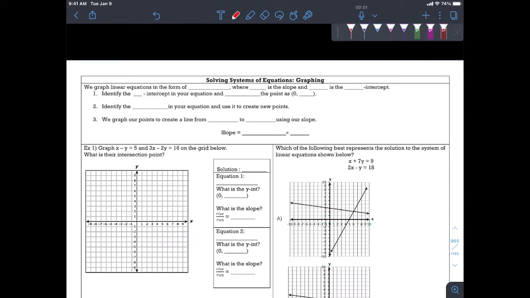So when we graph linear equations in the form of y equals mx plus b, where m is the slope and b is my y-intercept, the first thing I need to do is identify my y-intercept in the equation and plot it as the point (0, y-intercept).